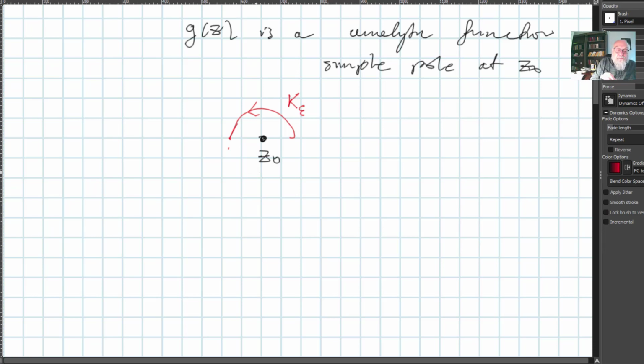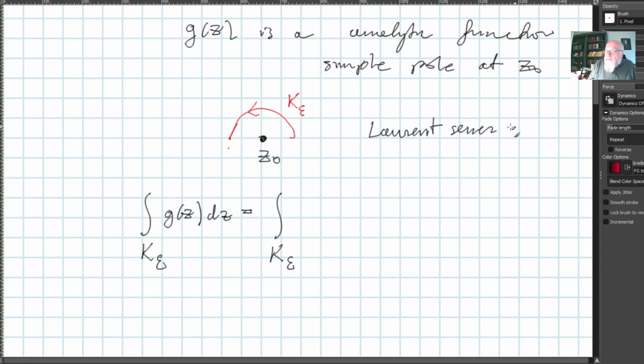I take the integral over K epsilon of g of z dz. I can use the Laurent series expansion.